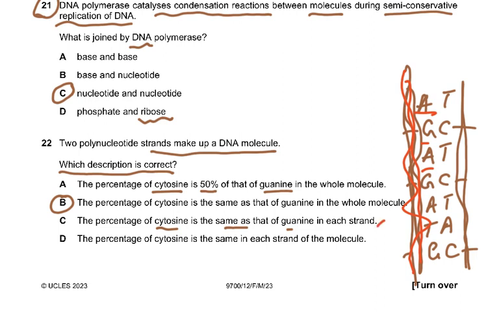The percentage of cytosine is the same in each strand. No, that's not the case. In this side, we have this C, then this C, then this C. We don't have any C on this strand. This is again incorrect. But this is actually checking how well you have read the question.